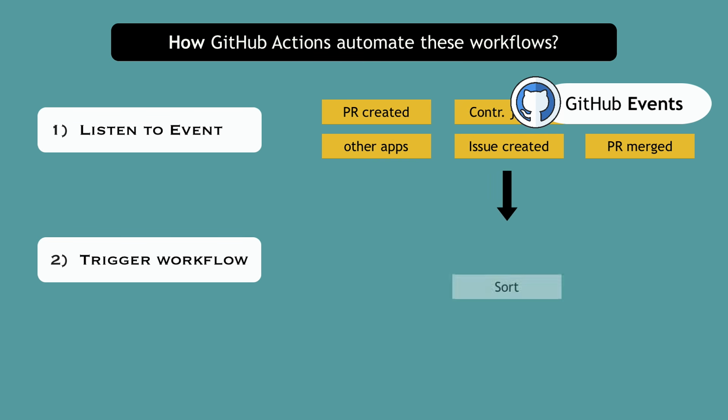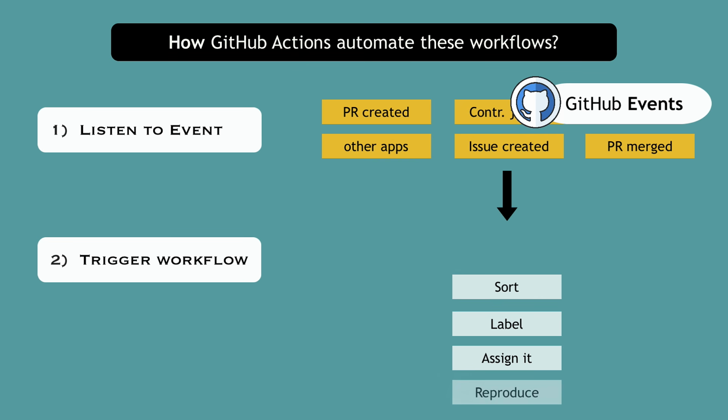Maybe you want to automatically sort that issue, maybe label it, assign it to the respective contributor, or maybe assign it to you per default, maybe categorize it, and also maybe write a script or a test that will try to automatically reproduce the issue, and then add some status or comment that says reproducible or non-reproducible. So all of these things can be automated with actions.